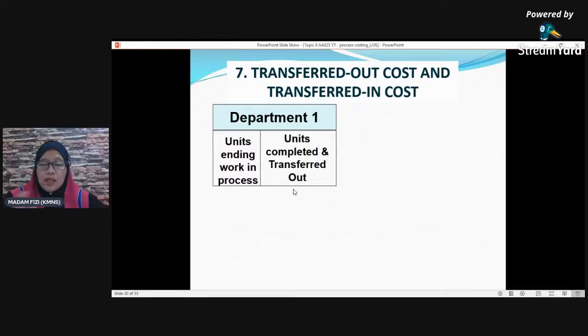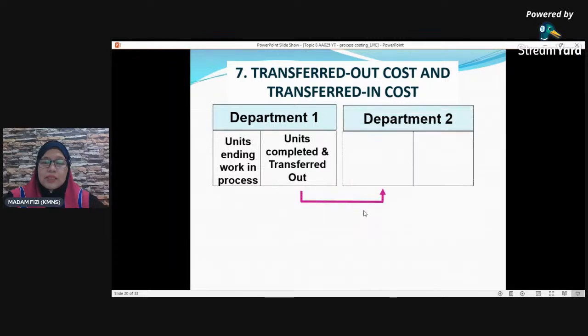Manakala yang tak complete, dia akan jadi ending work in process. So, the unit completed and transferred out ini, kita akan pindahkan dia, kita akan transfer dia ke department 2. Okay. So, in department 2, dia akan jadi transferred in. Cost ke unit ke, dia akan jadi transferred in.